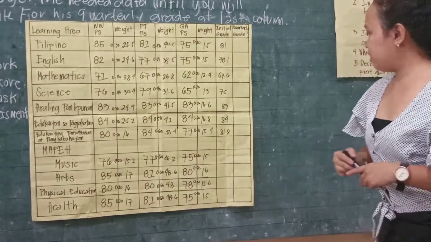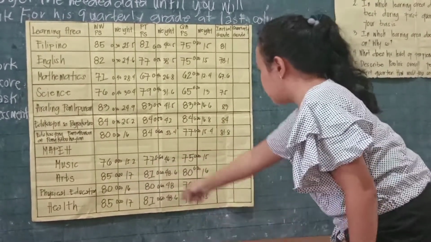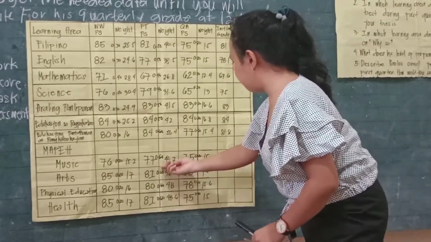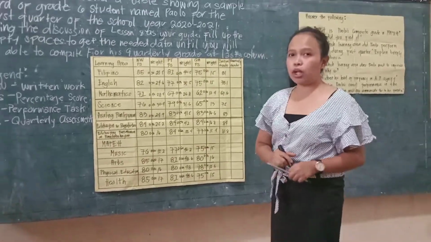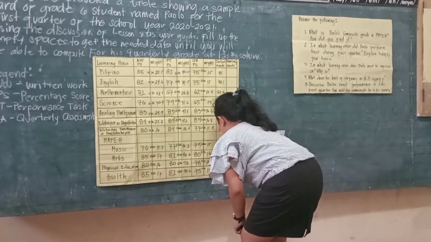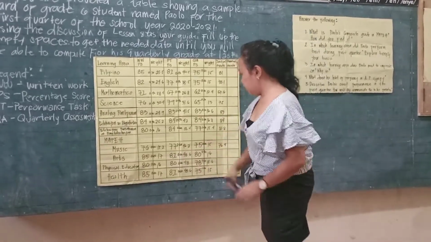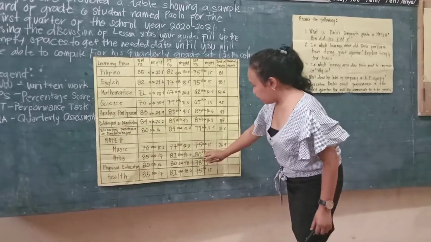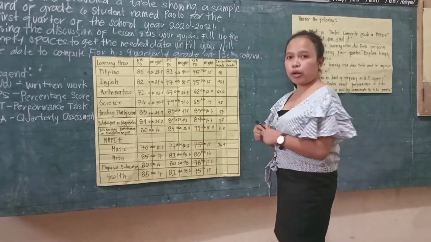Sorry. Next, we have the music. So, 15.2 plus 46.2 plus 15 is equal to 76.4. Next, arts, 17 plus 48.6 plus 16 is equal to 81.6.